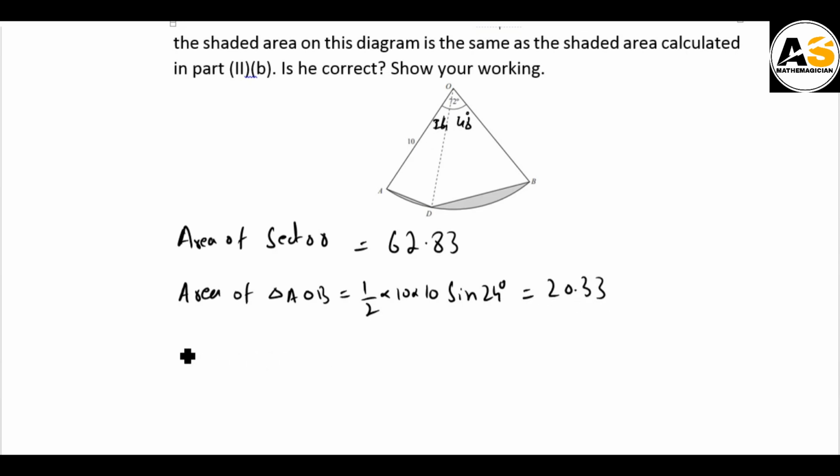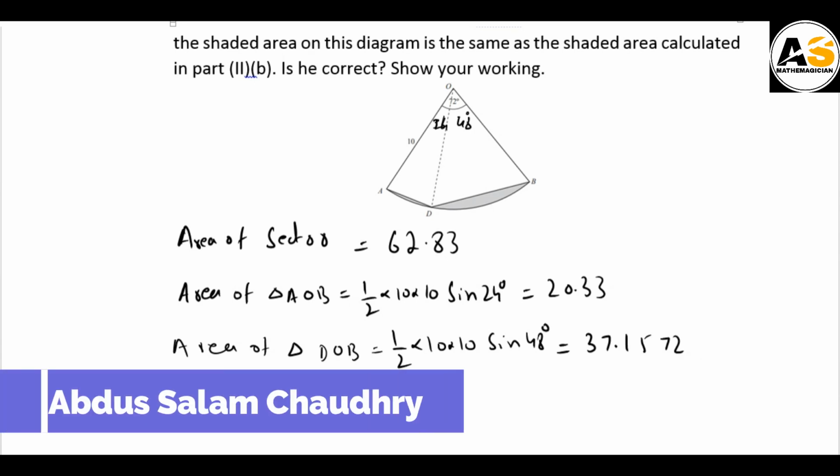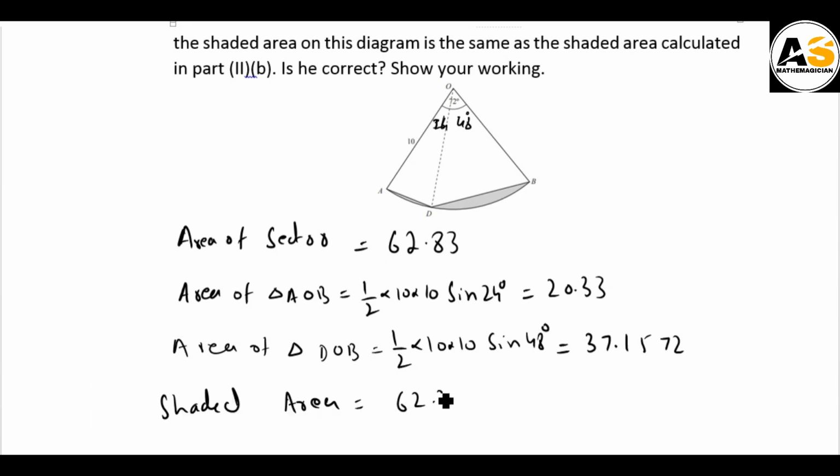20.33. And area of triangle DOB is equal to 1 by 2 into 10 into 10 into sine 48 degree. Your calculator will give this 37.1572, and shaded area will be 62.83, area of this whole sector, minus 20.33 minus 37.1572, which will be 5.338.